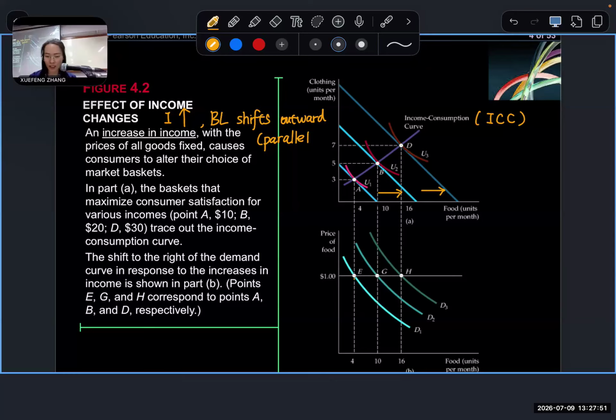At point E, the income is $10. You can find it here: $10, $20, $30. At point E, the food we are willing to buy is 4 units, at G 10 units, and at H 16 units.